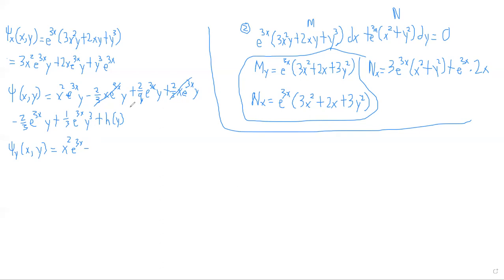Plus 2/9 e to the 3x minus 2/3 e to the 3x.